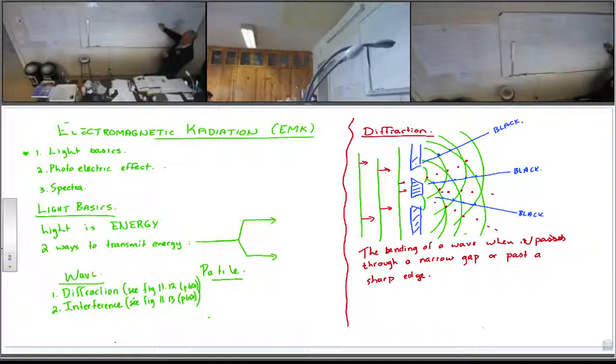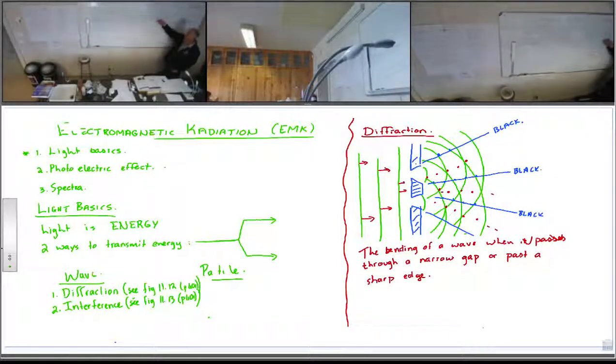Okay, and same over here. And the red dotted lines are bright patches. What does that correspond to in that sketch? You see why? So if I had to put a screen here, what would I get? Black, green, black, green, black, green. That's what we call an interference pattern.